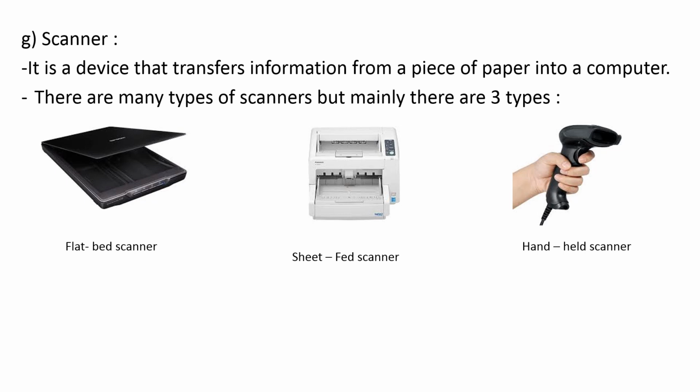Now, the next scanner that we are going to study is the sheet-fed scanner. These scanners are also similar to flatbed scanners. The difference is that in a sheet-fed scanner, the document moves, but the scan head does not.